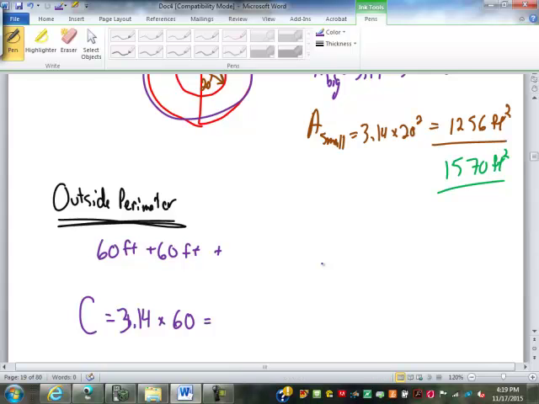It's a radius of 30, so a diameter of 60. So that was 188.4. Okay. Feet. So that adds up to 308.4 feet is the outside perimeter.